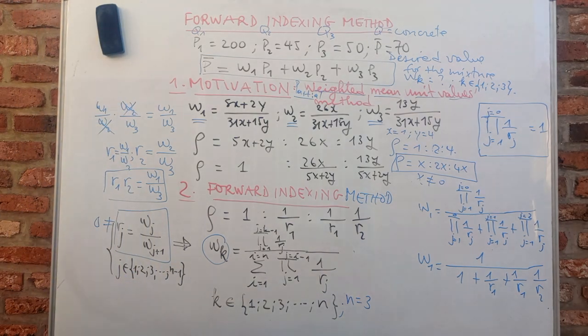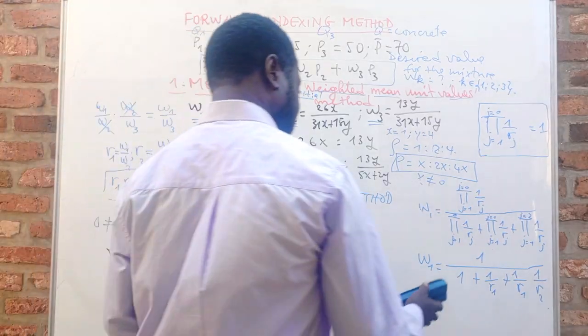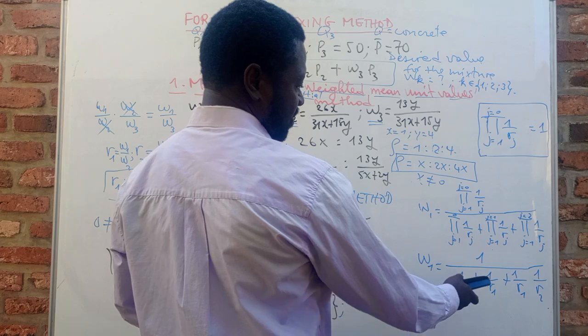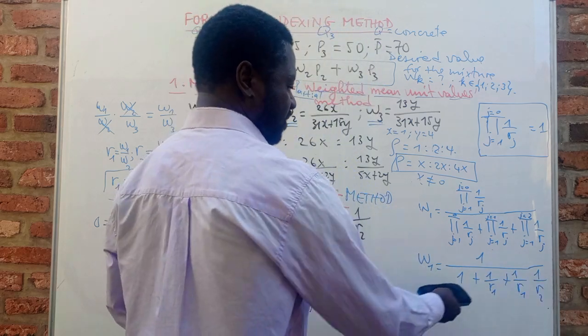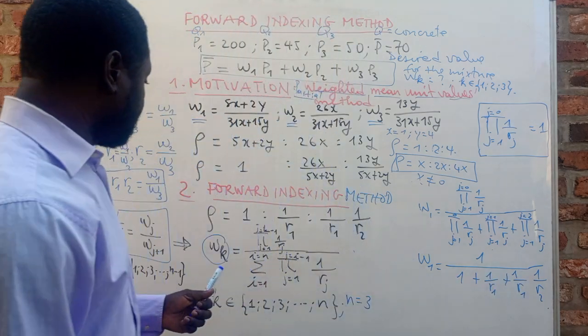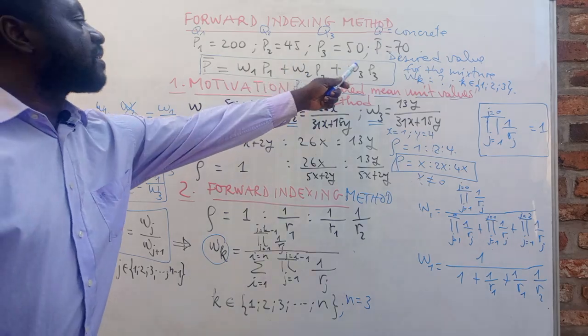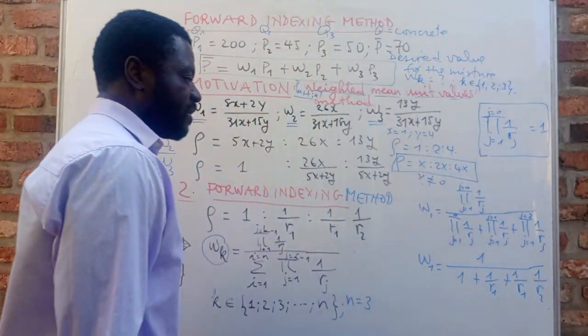How about the second weight? The second weight will be, of course, this one over this. They have the same denominator. The 3 weights, first weight, second and the third weight, have the same denominator, which is this combination.